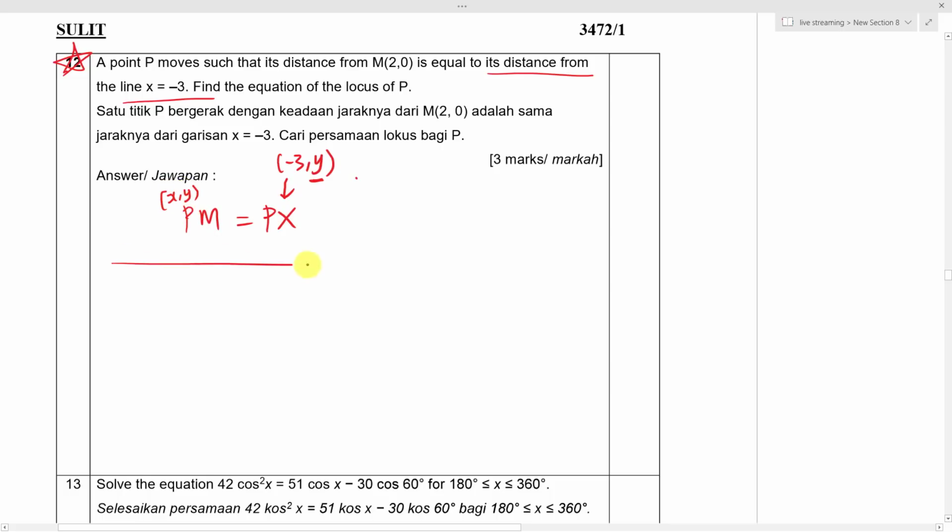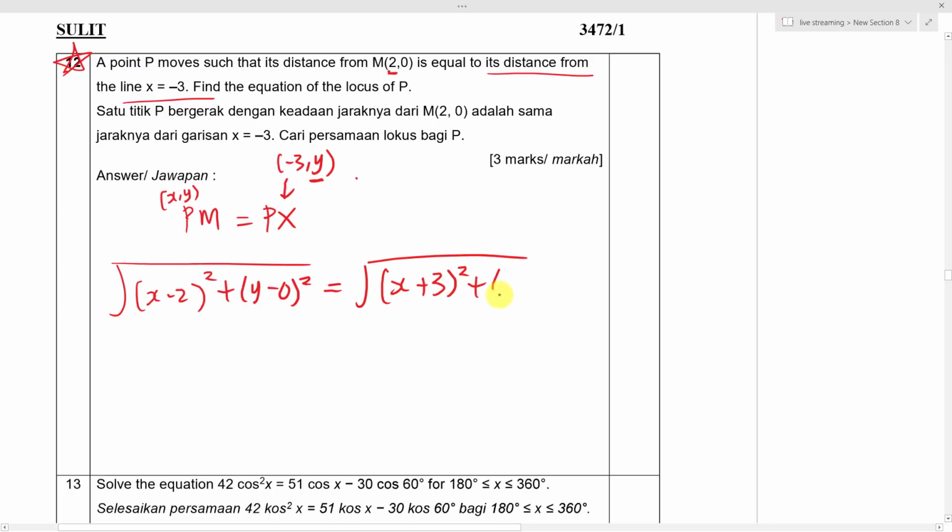Then I will use the distance formula. M I have, so it's the square root of (x minus 2) squared plus (y minus 0) squared, equals the distance to P: the square root of (x minus negative 3) plus 3, squared, then plus (y minus y) squared. Then I will just cancel out the square roots.